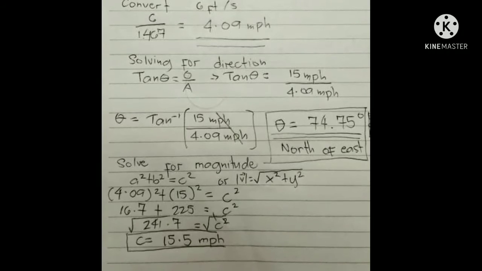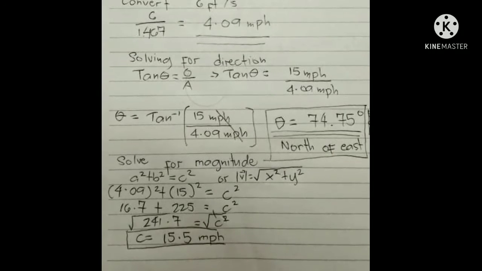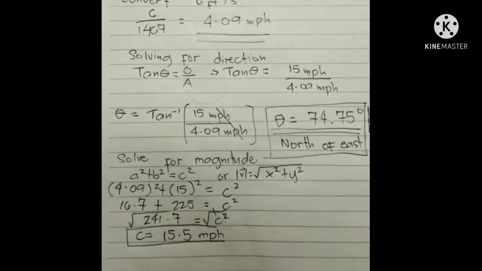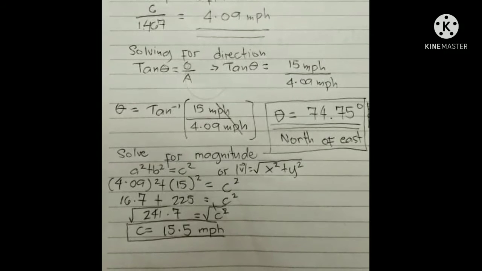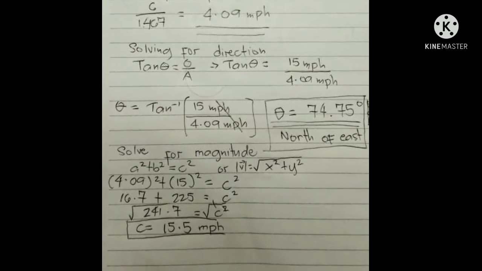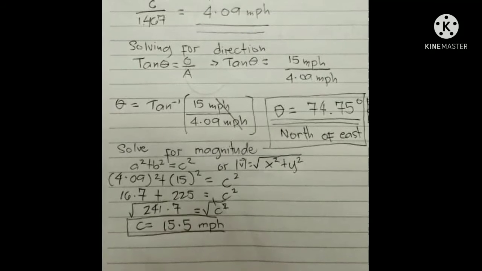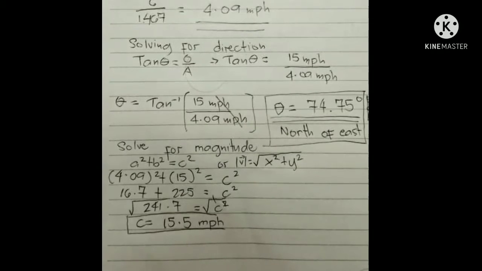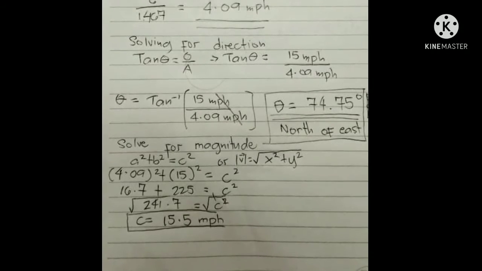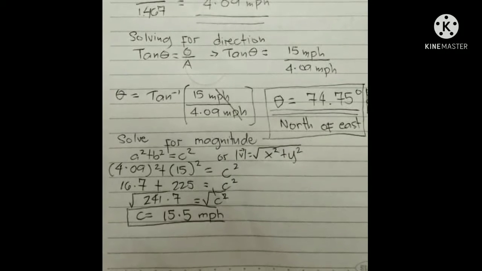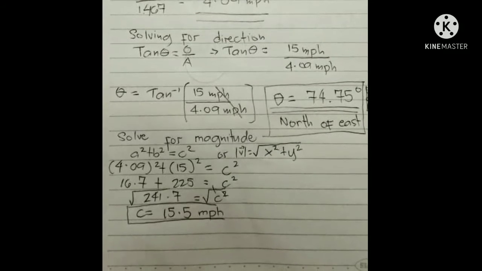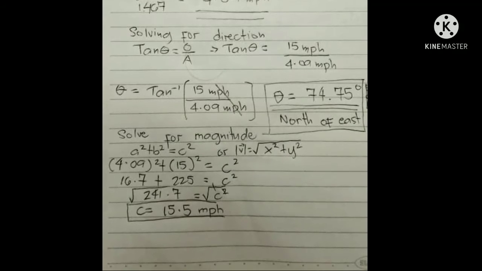So 16.7 plus 225 equals c squared. If we add 16.7 plus 225, we will get 241.7 equals c squared. Then we put square root on both sides to cancel out the exponent. So now we have c equals 15.5 miles per hour. So now this is our magnitude.